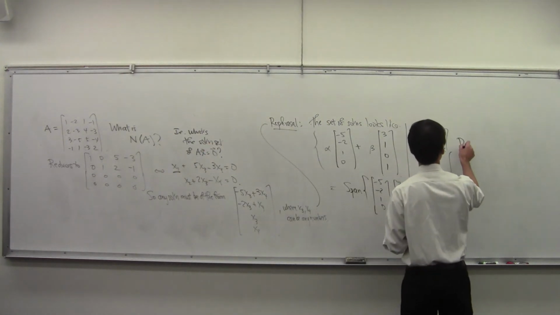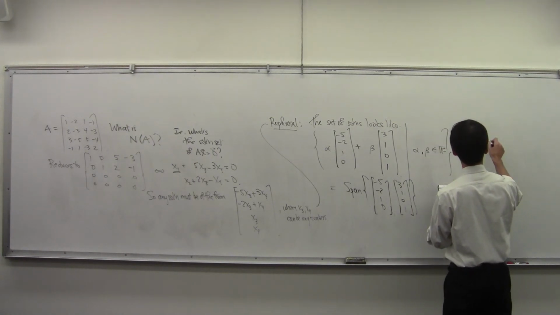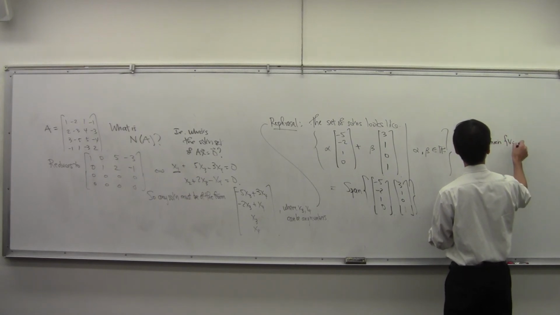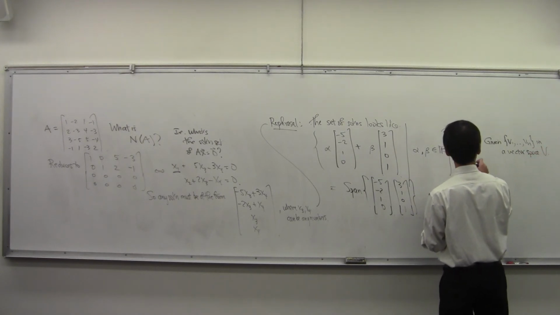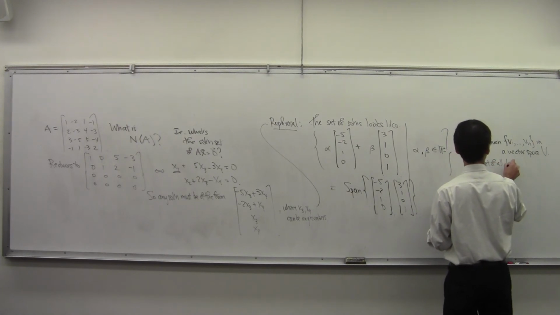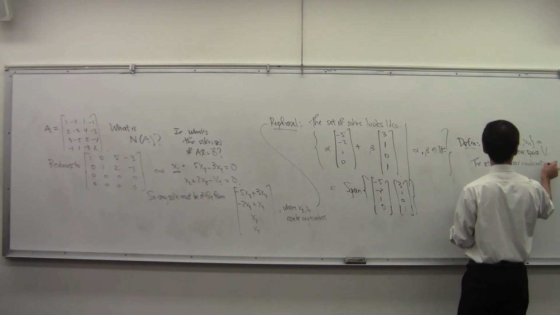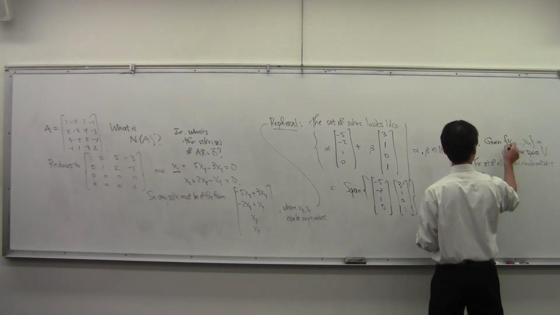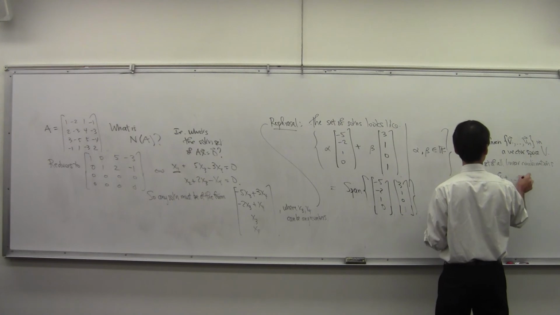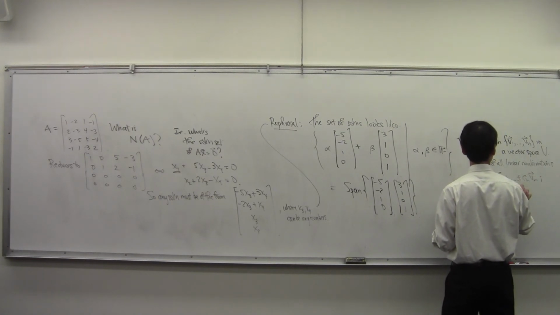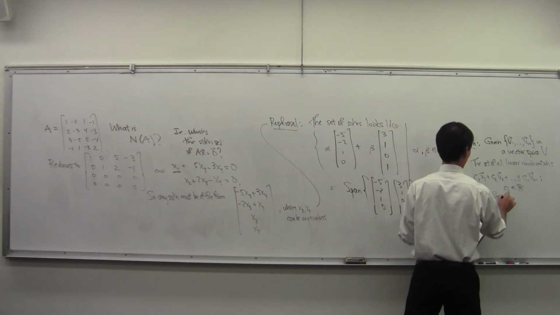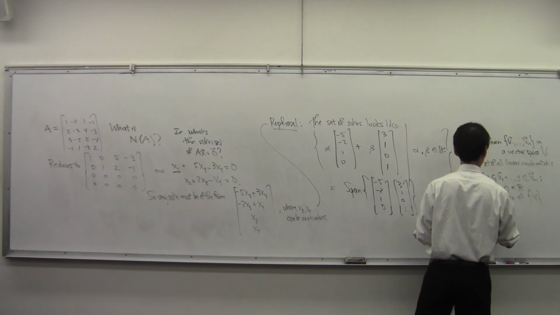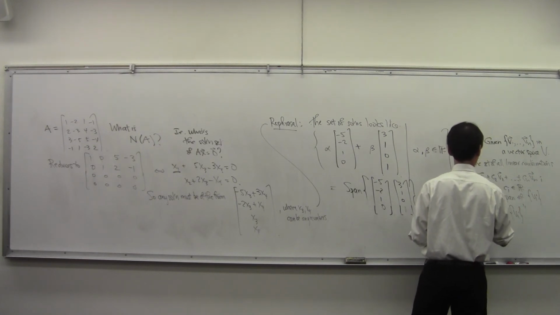Okay. So just to remind you, the span. If you are given some vectors v1 to vn in a vector space V, then the set of all linear combinations c1 v1 plus c2 v2 plus up to cn vn, where the ci are all real numbers, is called the span of the vi, denoted span.